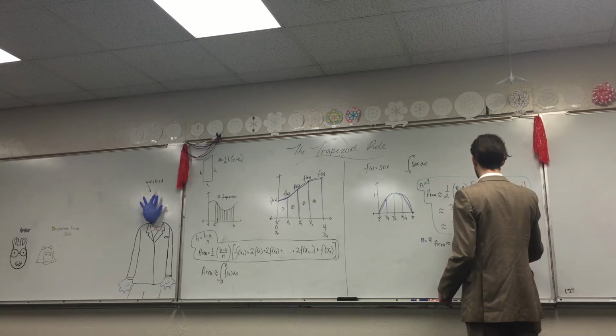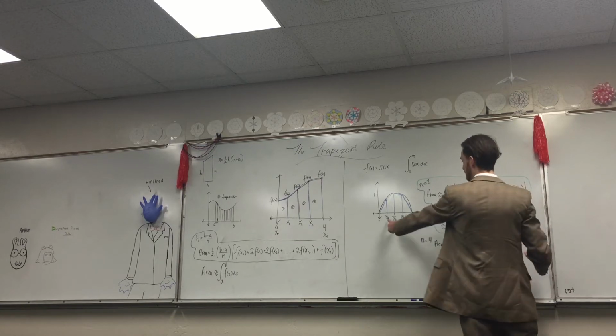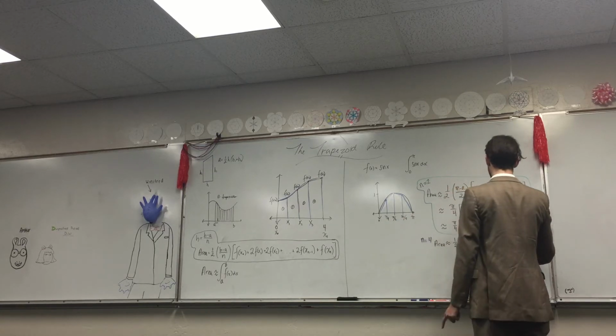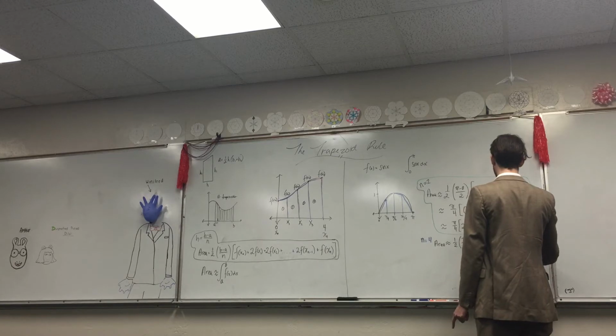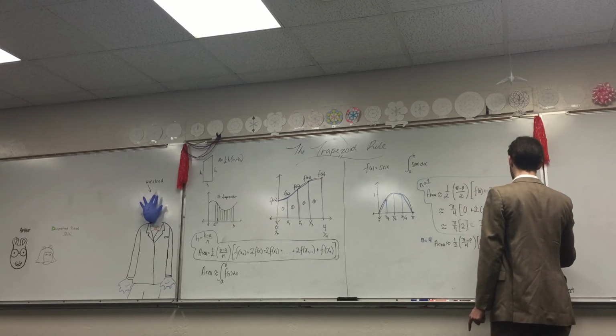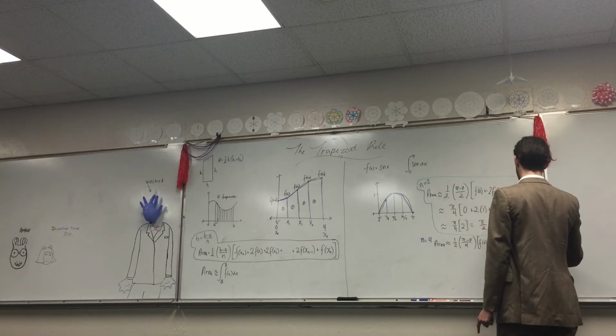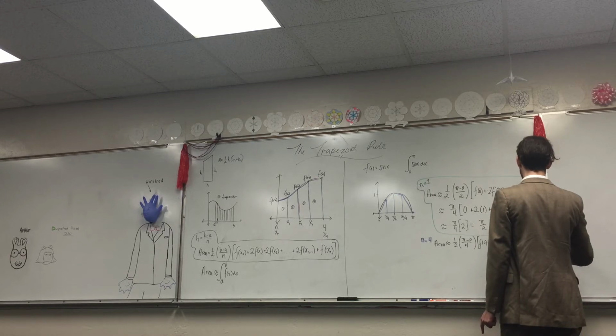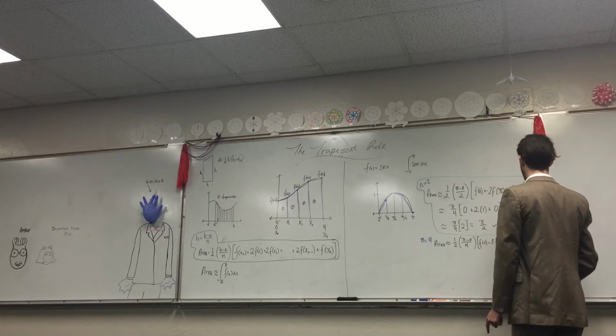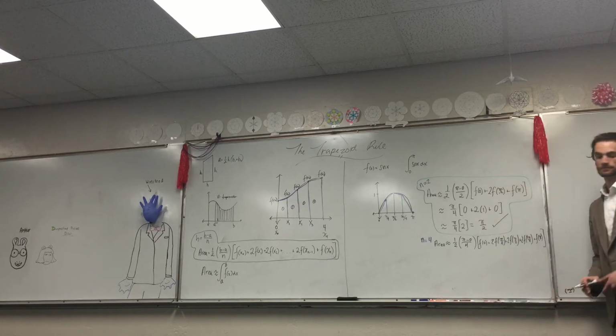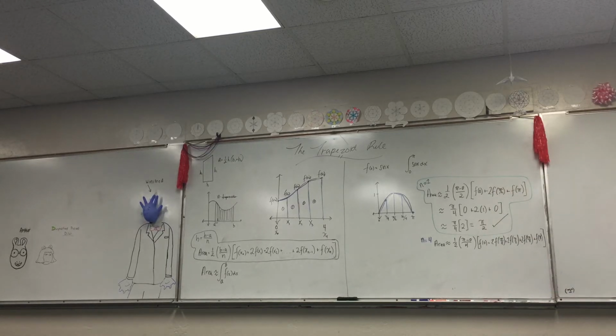And then f of 0, just 1, and then 2 f of pi over 4, 2 f of pi over 2 plus 2 f of 3 pi over 4 plus f of pi. Everybody following this?